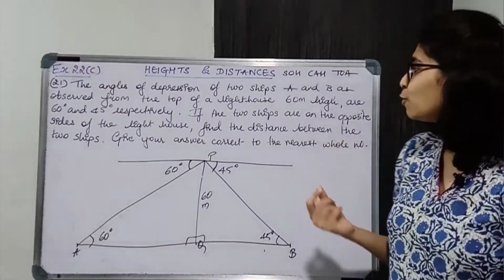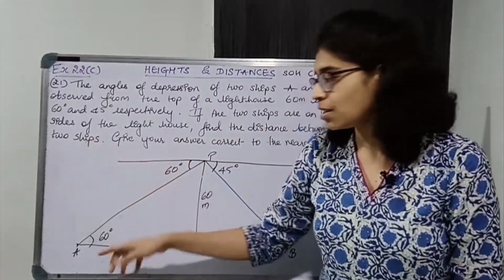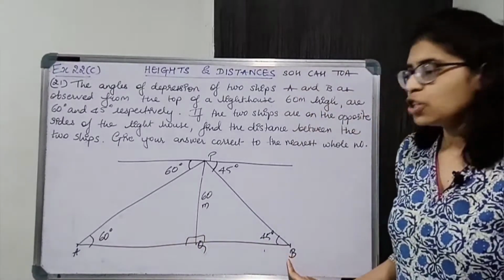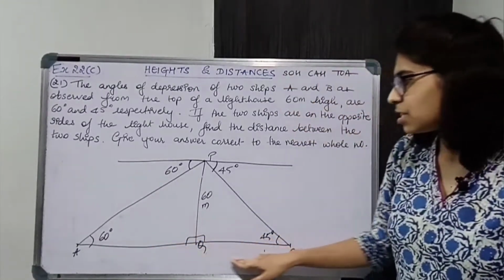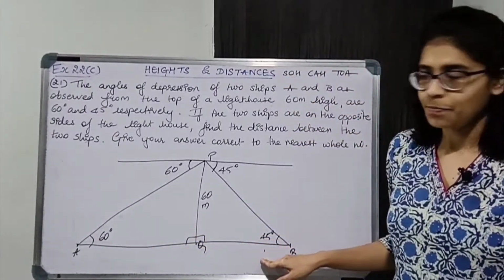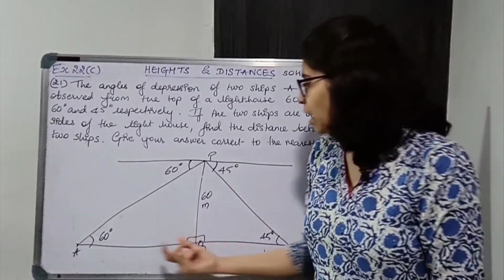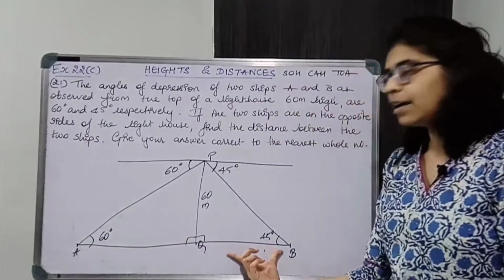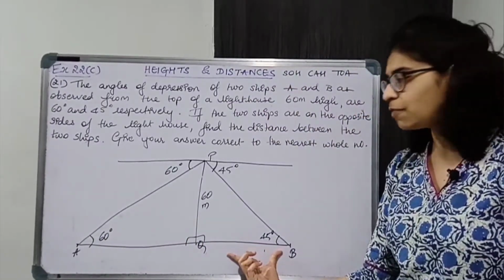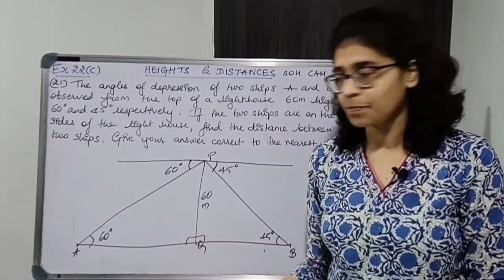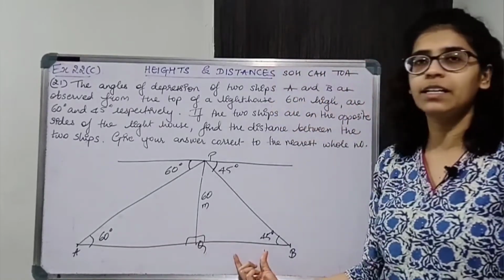Now we need to find the distance between the two ships. A और B के बीच का distance, that is this distance AB, we have to find. AB you will not be able to find directly, so what we'll do over here, AQ and QB, okay, we'll find and then we'll add the lengths. So AQ find करेंगे, QB find करेंगे.